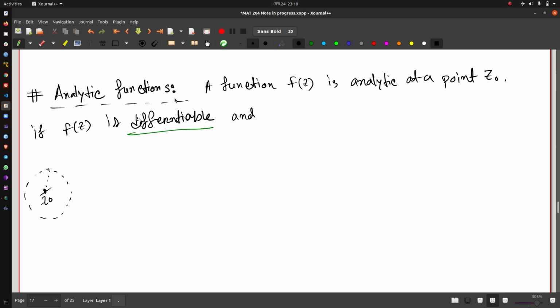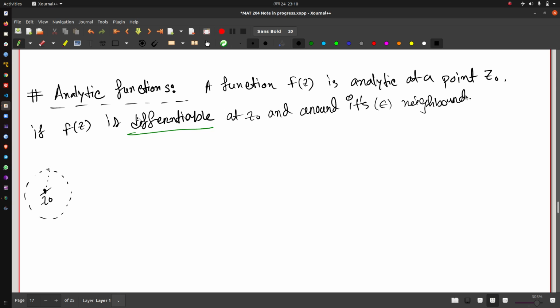So the definition would be: a function f of z is analytic at a point z naught if f of z is differentiable at z naught and around its neighborhood, or you can say epsilon neighborhood, whatever you want.